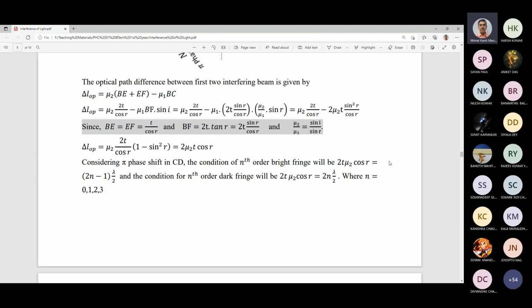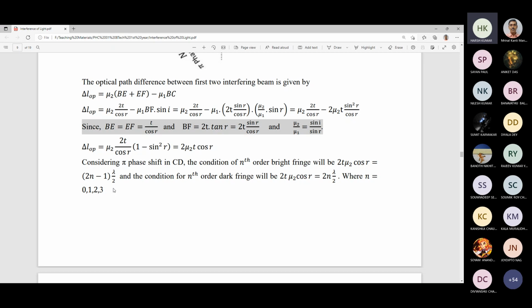Then we can write the condition of maxima, that is n lambda, right? So if we move this lambda by 2 to this side, then we will get twice n minus 1 lambda by 2. Sir, but we are subtracting mu1 BC.